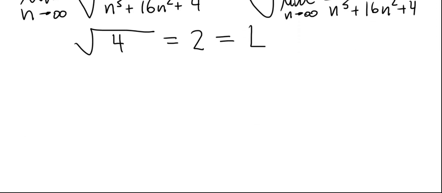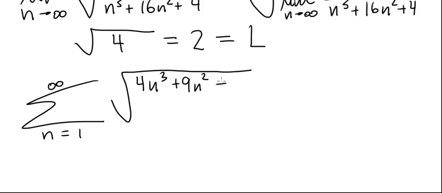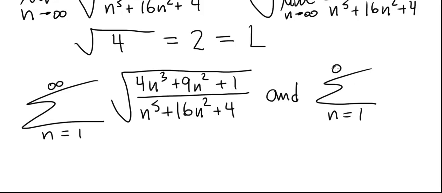So now the conclusion is that the series we're looking at, the summation from 1 to infinity of the square root of 4n cubed plus 9n squared plus 1 divided by n to the fifth plus 16n squared plus 4, and the series we were comparing it to, that is the bn series, which in its simplest form was just a harmonic series 1 over n, either both converge or both diverge.